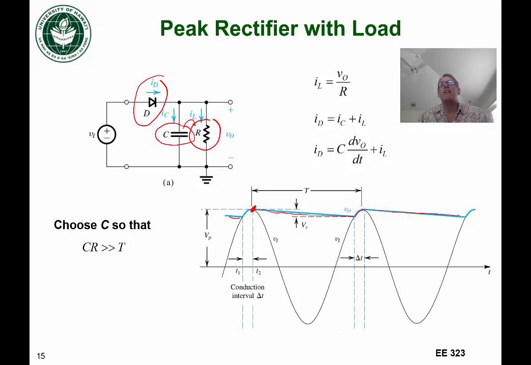So it gets much flatter, but still not super flat. And this voltage here, when the capacitor is discharging through the resistor, is VR, or what we call the ripple voltage. You can also refer to it as voltage ripple. You'll see it written many different ways. So that's VR, or the ripple voltage.